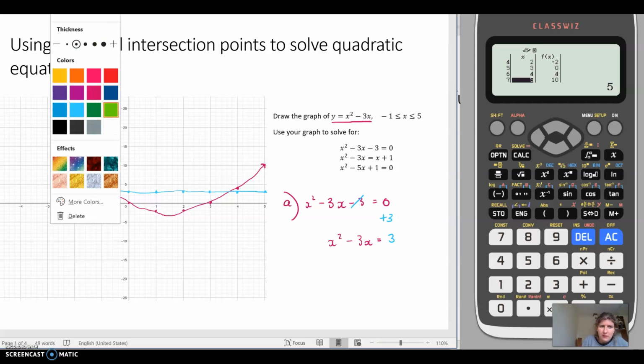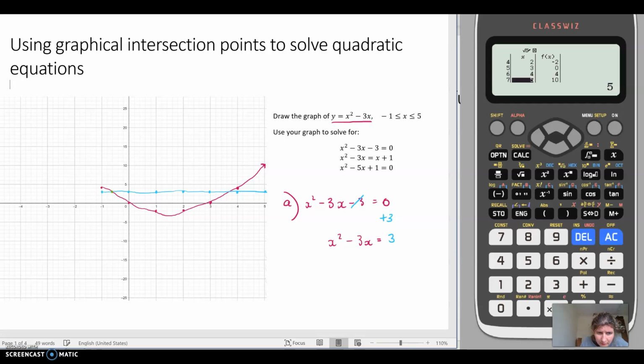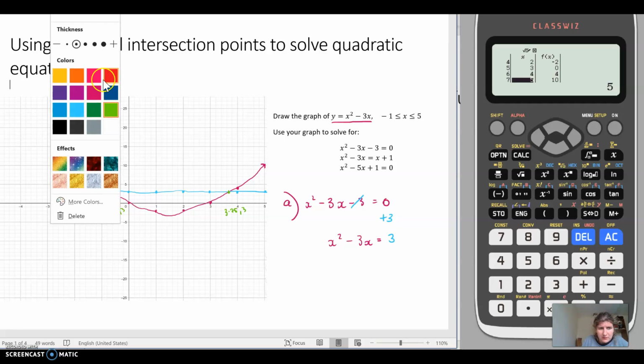So now I've got one point which is at about -0.53, and then another point which is about 3.753.